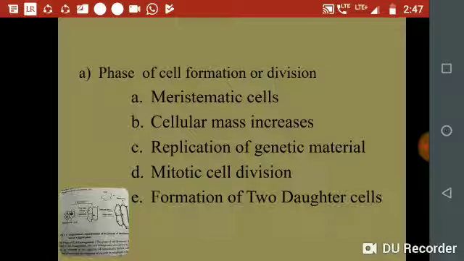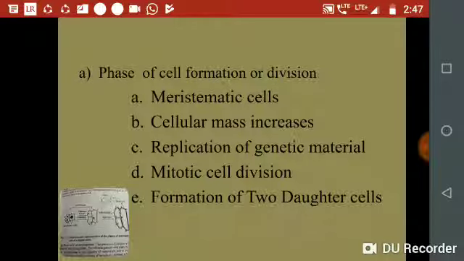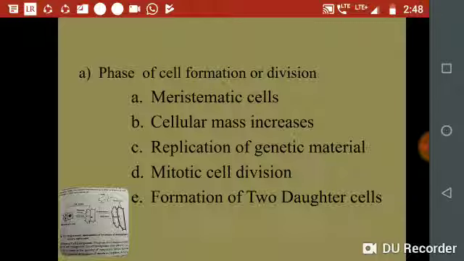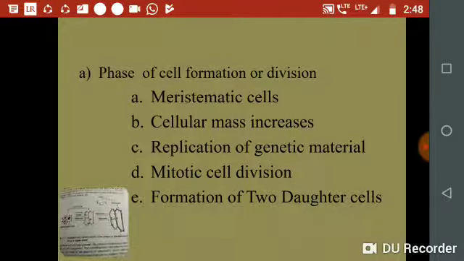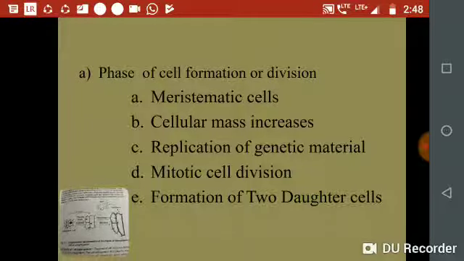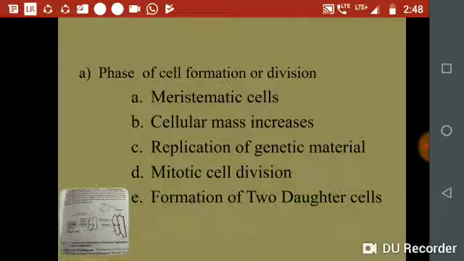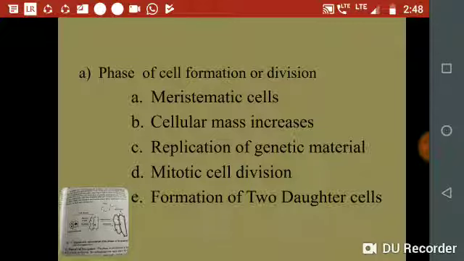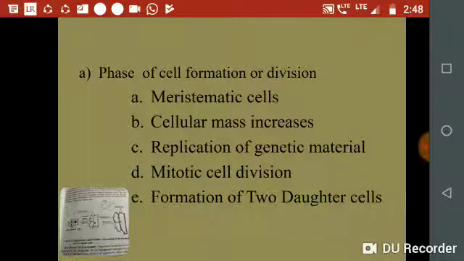Next is the phases of growth. The growth in plants is generally confined to certain regions. The growth in plants is defined in three phases. The first is the phase of cell formation or division, the second is the phase of cell enlargement, and the last is the phase of cell maturation.